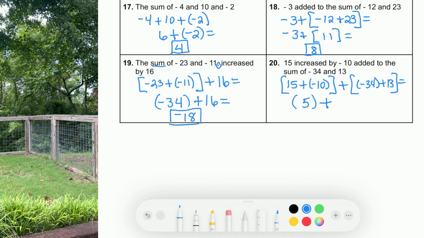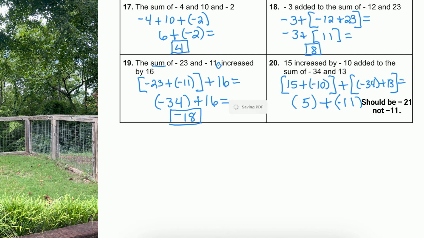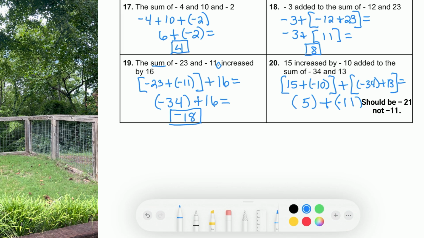Negative 34 plus 13, again, we have two different signs, so we're going to take the difference, which is 11, and keep the sign of the greater, which is the 34, so we're going to end up with a negative 11. 5 plus negative 11, we have two different signs, so that is going to mean finding the difference, which is 6. The 11 is the greater number, so our answer is going to be negative 6.